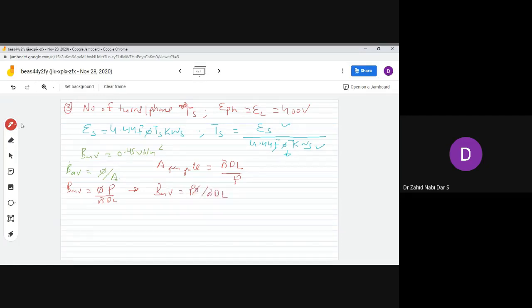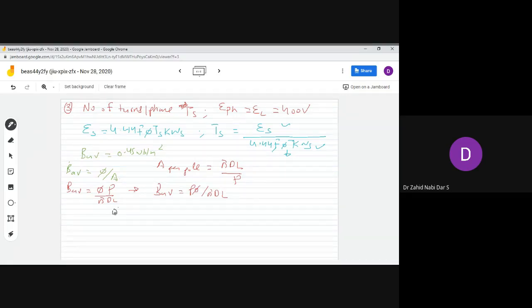We will resubstitute these values and get the value of flux.